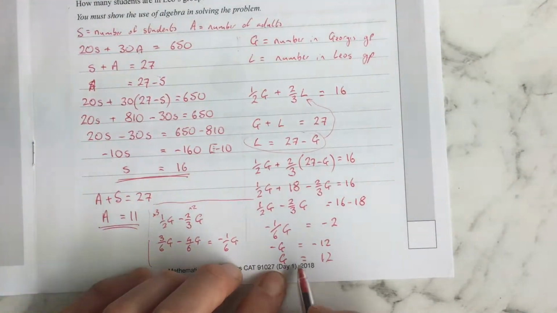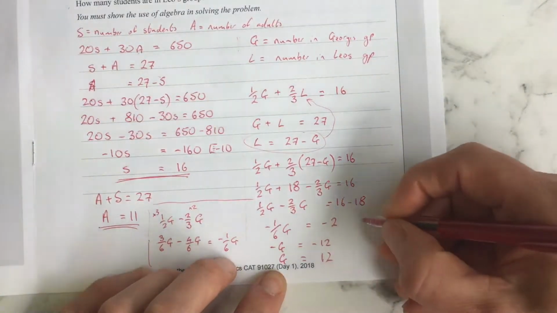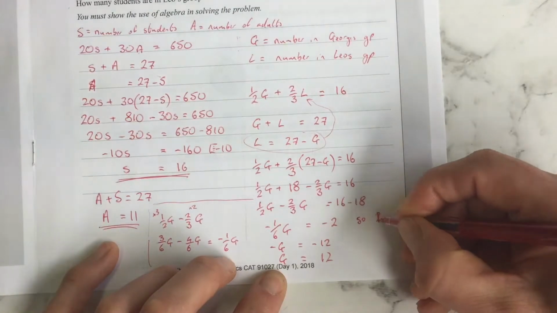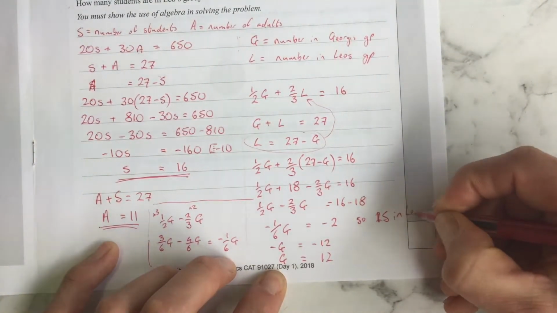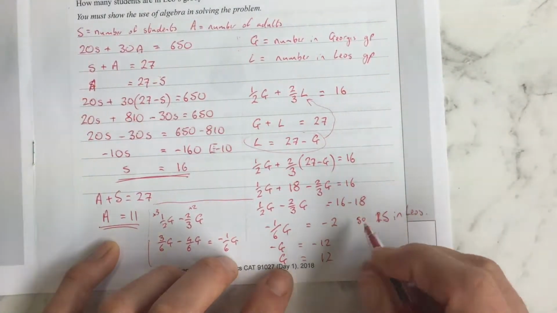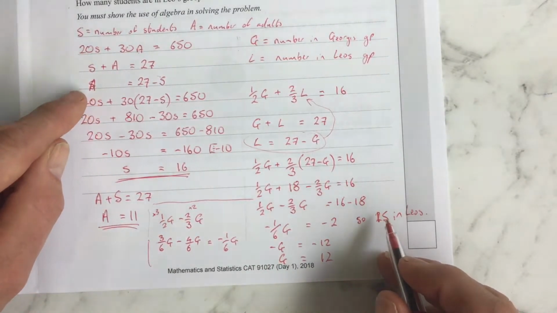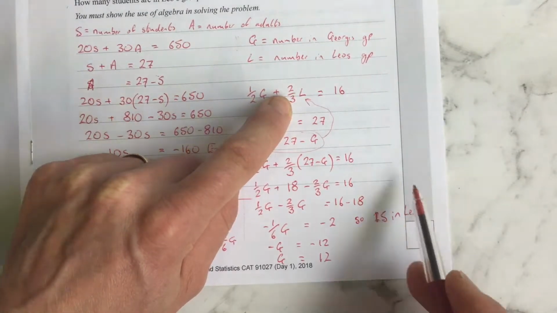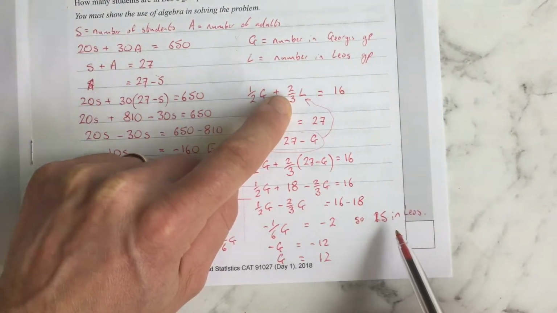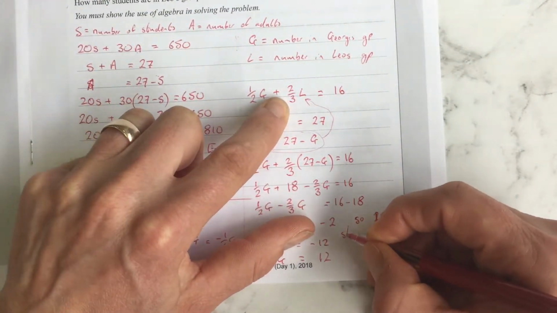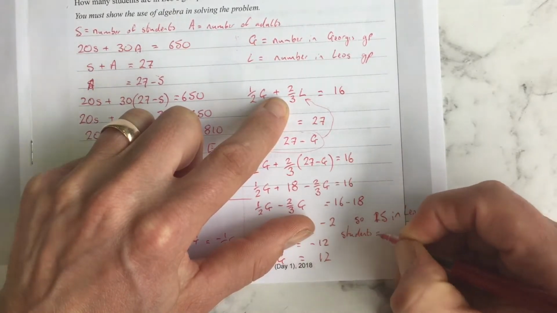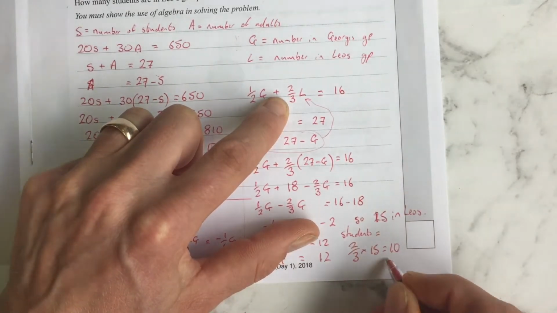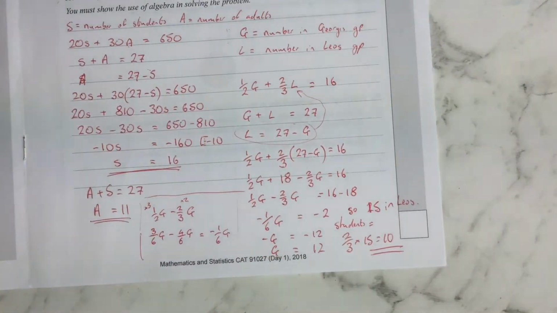I know that there were 12 in George's group, so 27 total, that means 15 in Leo's. And I know that 2/3 of Leo's group are students, and there are 15 total in Leo's group. So students equals 2/3 times 15 equals 10. Sorry, we've run out of space a little bit there, but hopefully you could follow that.